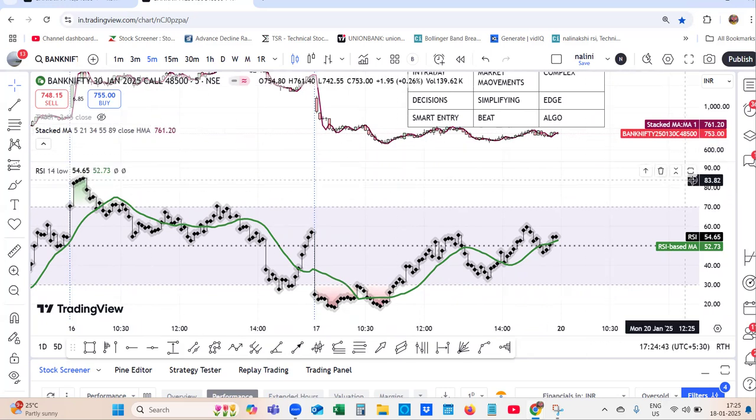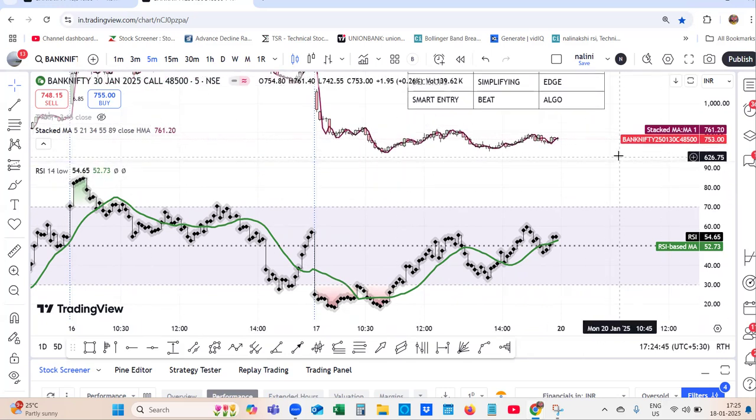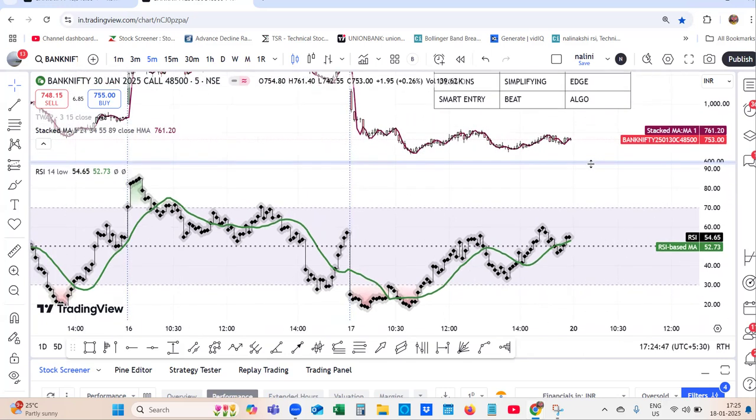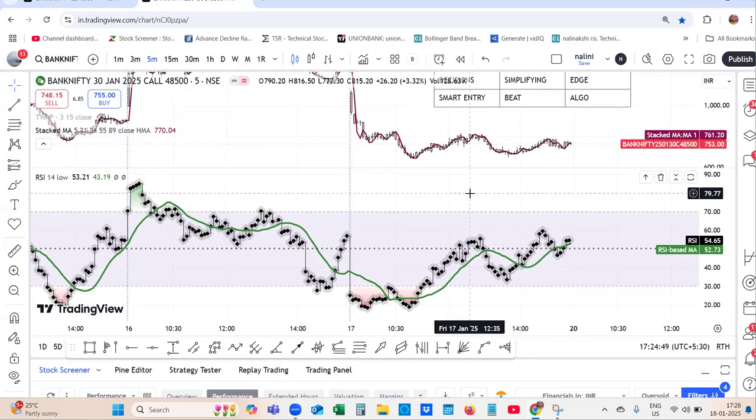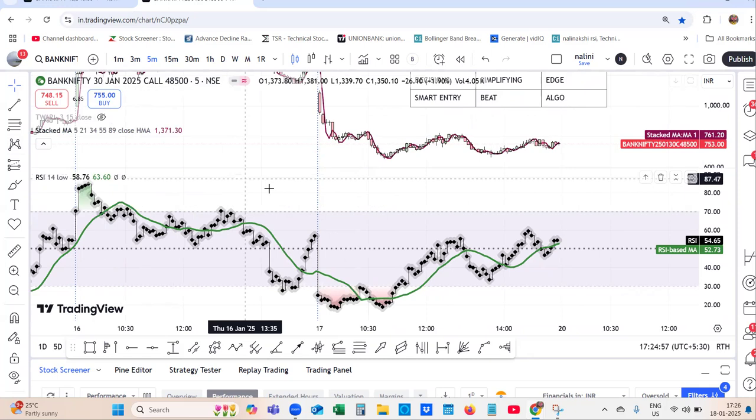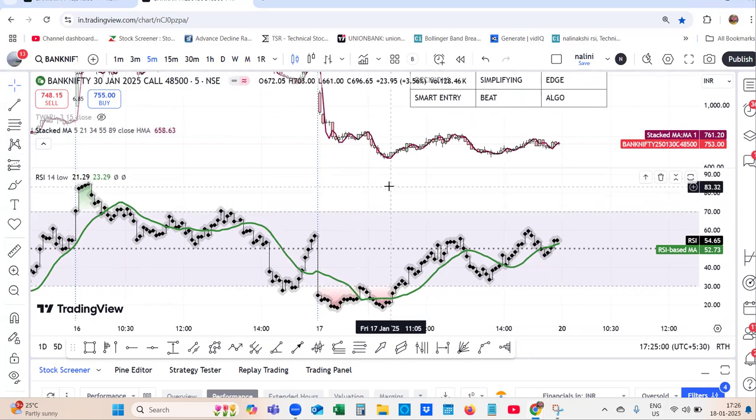In my intraday previous video, I told you that HMA will give you early entry. With the help of TWAP and the 5-period moving average, you can enter very quickly, an early entry with a minimum risk, with minimum stop loss.